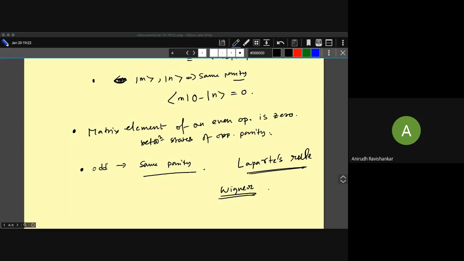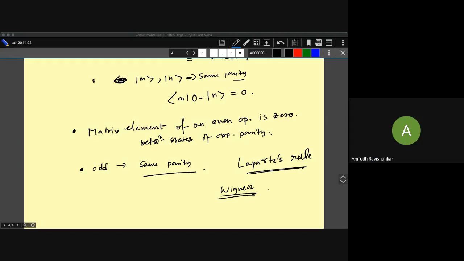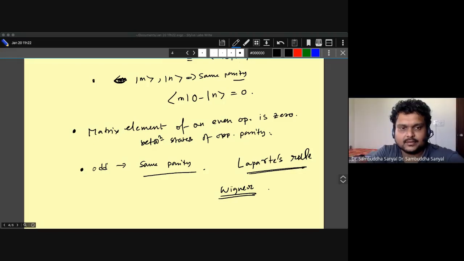The operator will take all the t's to minus t. If I look at the simple Schrodinger equation, I have to flip t to minus t, and then we learn that we also have to take psi to be its complex conjugate if we want the flipped Schrodinger equation to follow the same structure.